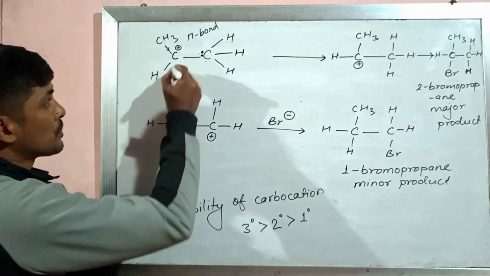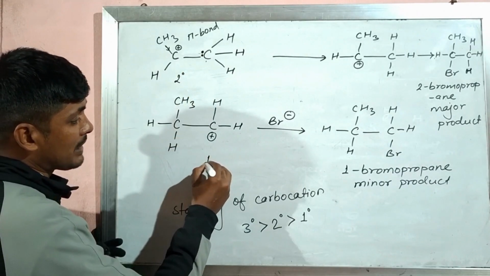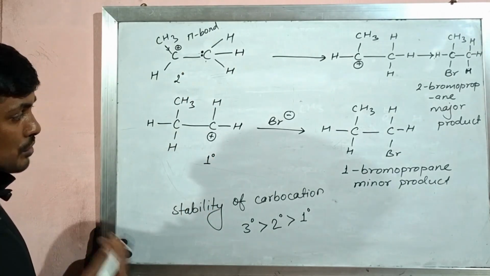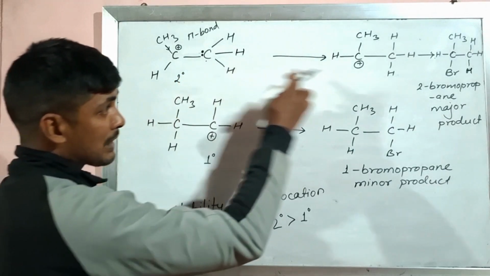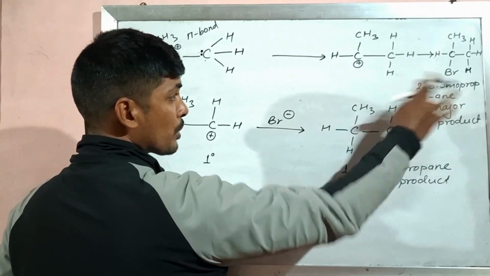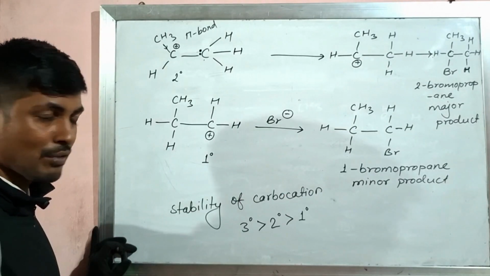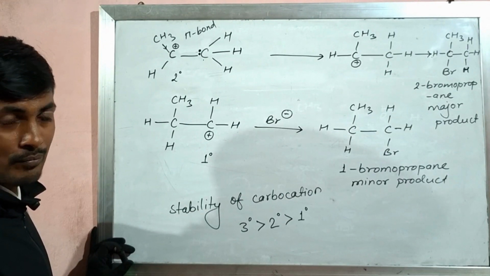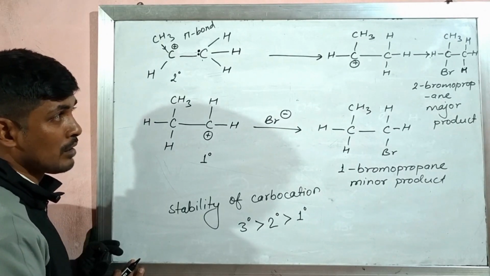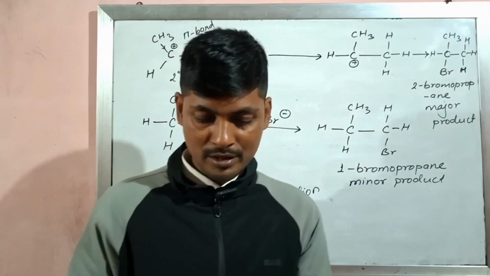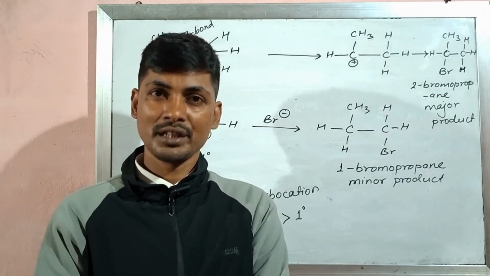If we see here, this carbocation is 2-degree and this carbocation is 1-degree. So the more stable carbocation is formed here, and due to that 2-bromopropane is formed as the major product, whereas 1-bromopropane is formed as the minor product. So this is about Markovnikov's rule. We have to apply this rule like this. For today, only this much in this video.